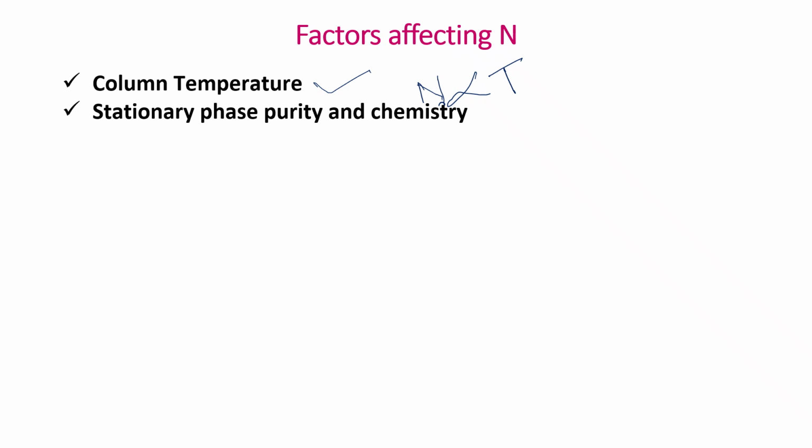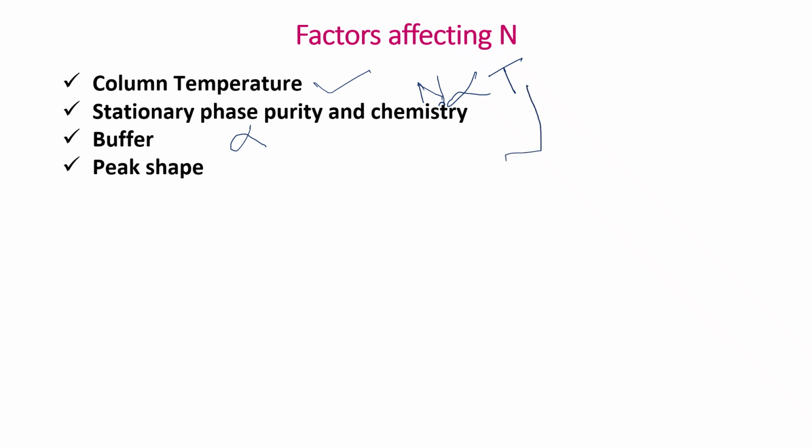If your stationary phase purity is high, then your theoretical plate will be high. Buffer concentration. N is directly proportional to buffer concentration. Higher the buffer concentration, higher the theoretical plate. Peak shape.